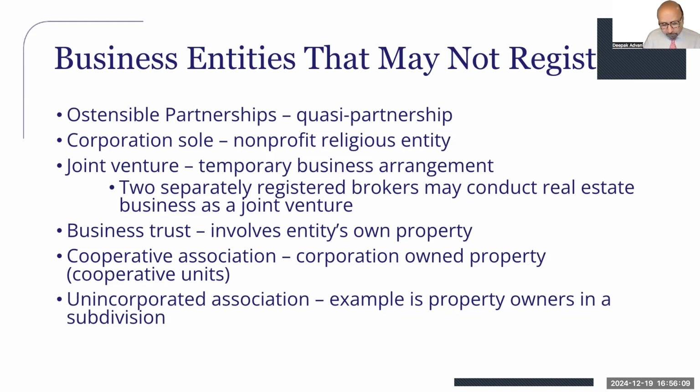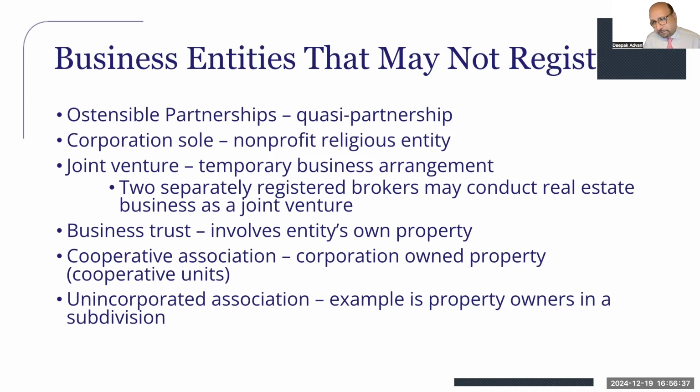So the definition is an ostensible partnership is not intentionally created, rather the conduct of two or more persons creates the appearance that a partnership exists. Okay. It's considered fraudulent and deceitful. So you have to be very careful when you are practicing real estate.